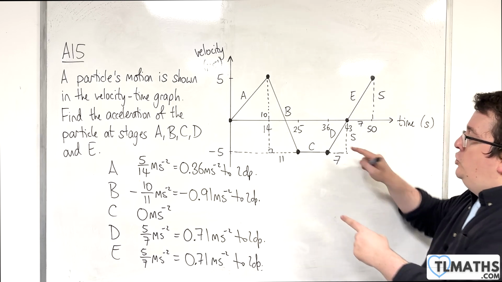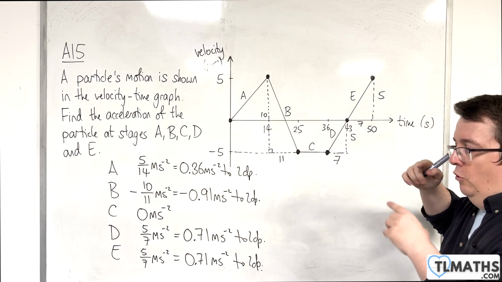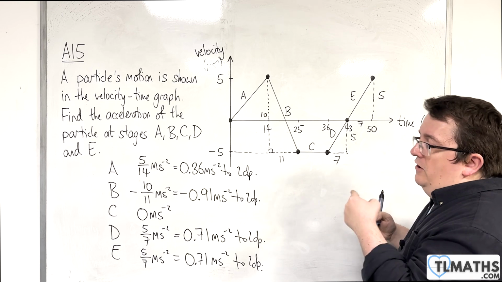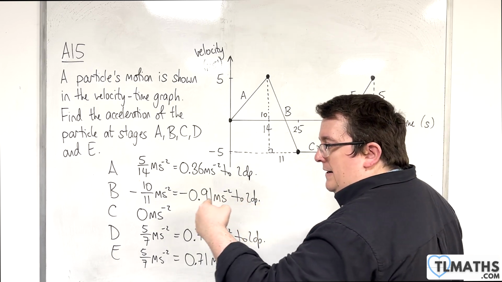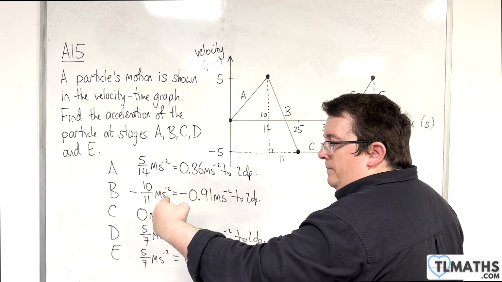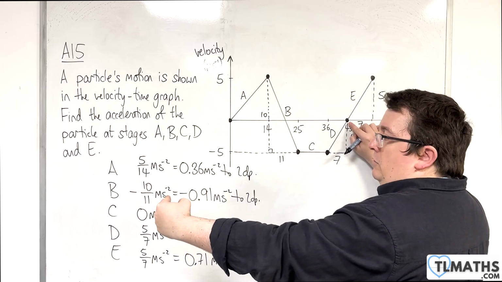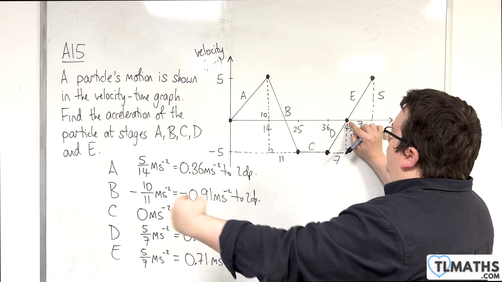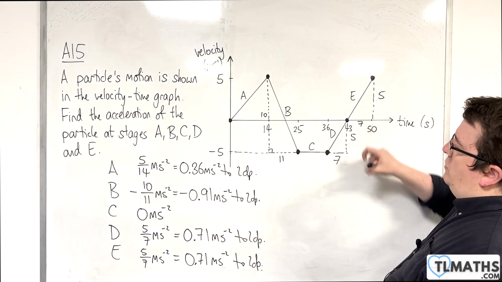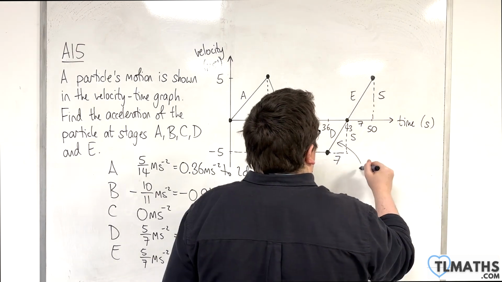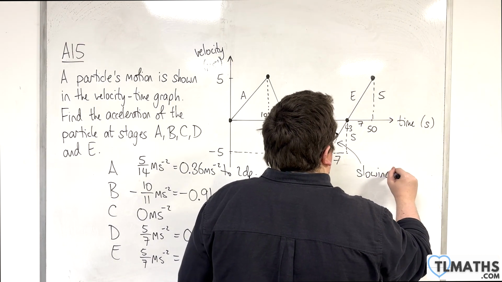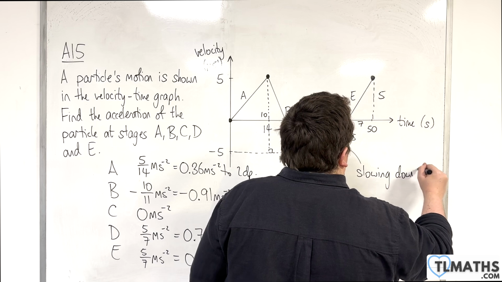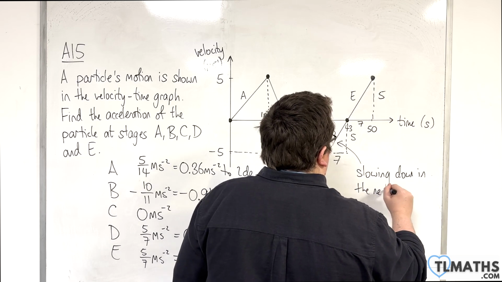So essentially, for this portion of time, you're travelling at 5 meters per second, and then you're slowing down in that direction until you reach 0. So slowing down in the negative direction.